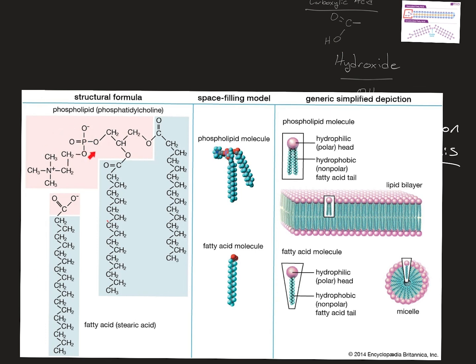Do you see the phosphate? There's some nitrogen in there as well, but this is a phospholipid. There are 2 fatty acids with a phosphate head. Phosphate is the main component, but there are other components to the molecule.